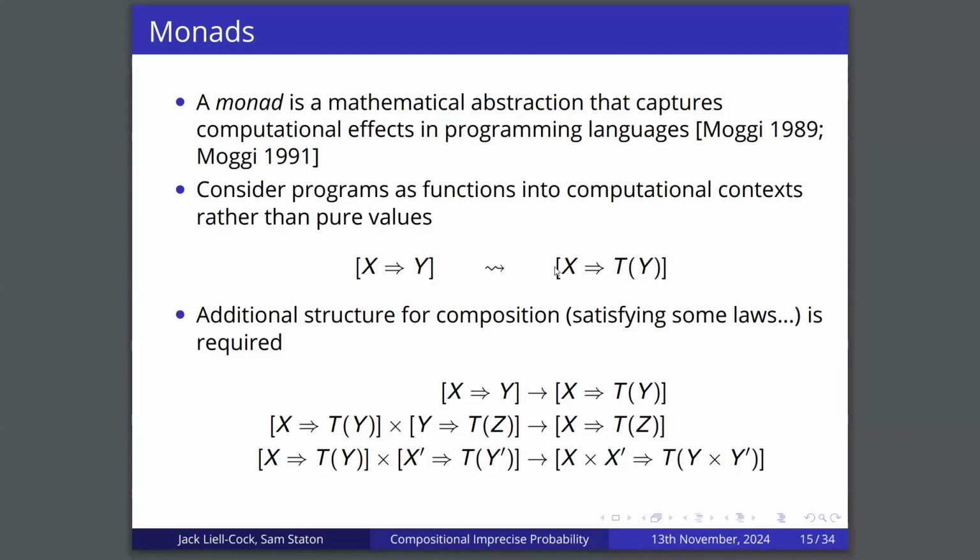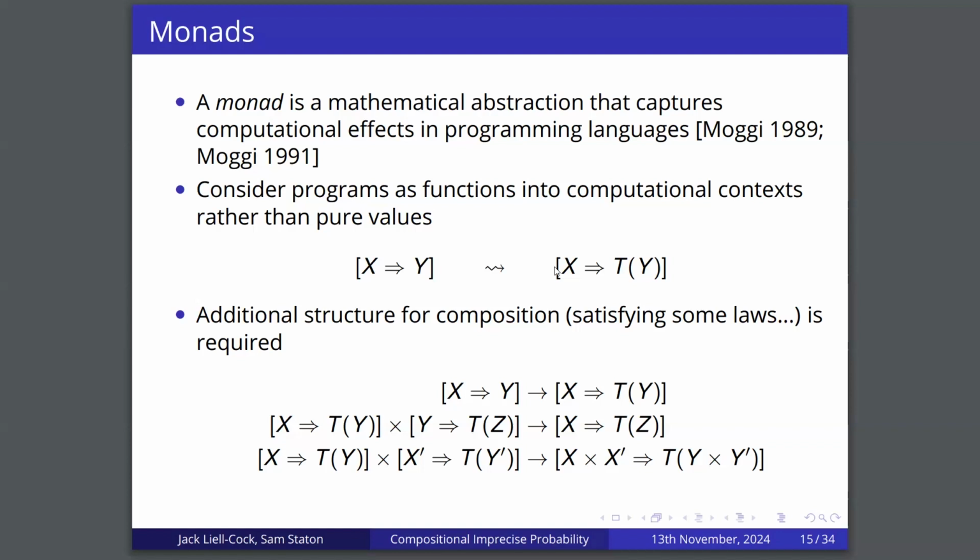And then we represent these. Moggi, in his seminal papers, showed that we can represent a whole range of these using the construction of a monad. The way they work is, we can think of a program which takes in some input x and returns a y. Maybe you can think of it as a function which takes in an integer and returns a boolean, and tests whether it's even.